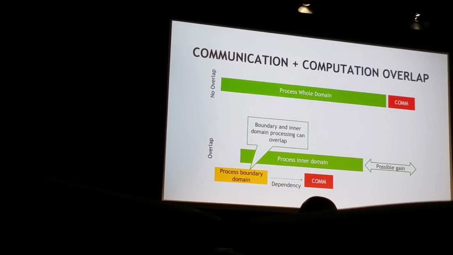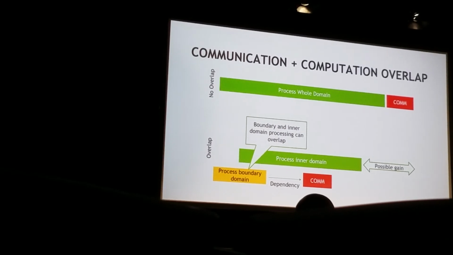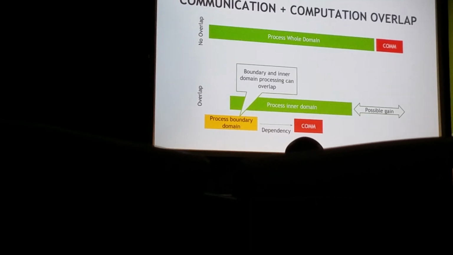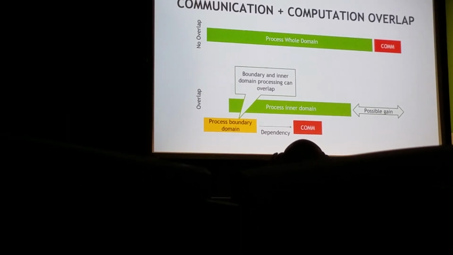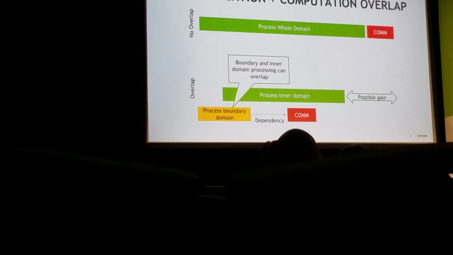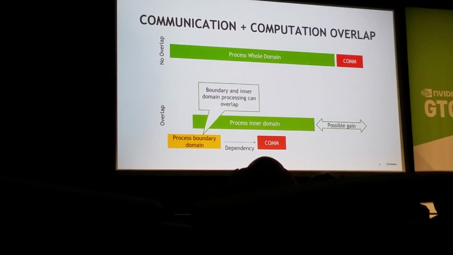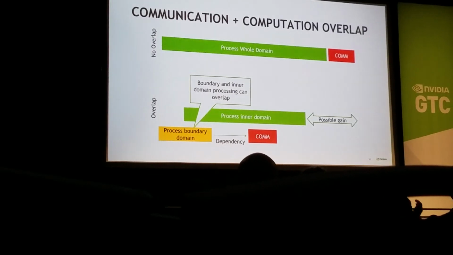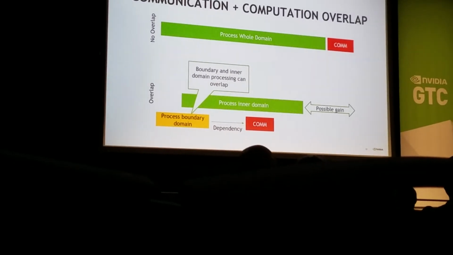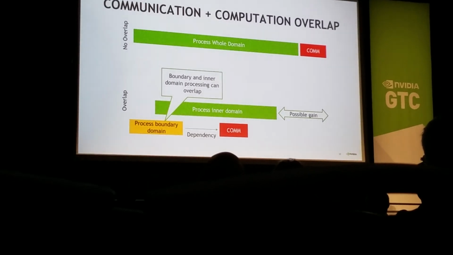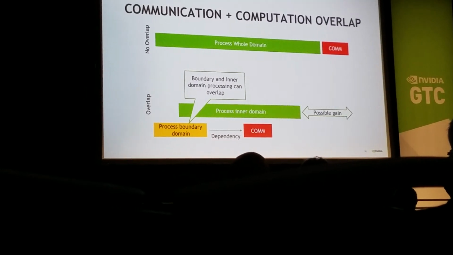The nice thing is that to communicate with our neighbors, we only need the first and the last row. We don't need the interior points. Therefore, the bulk of the processing is in the inner of the domain, and we can do the memcopies for the data exchange with our top and bottom neighbor while we are doing the bulk of the work.